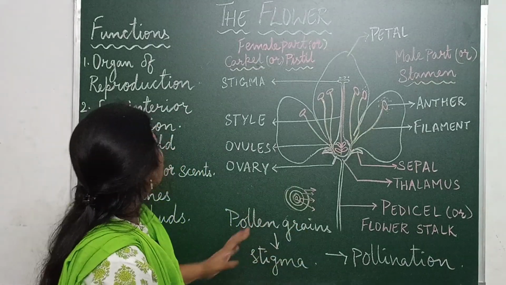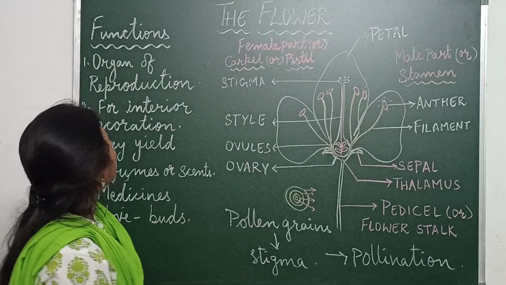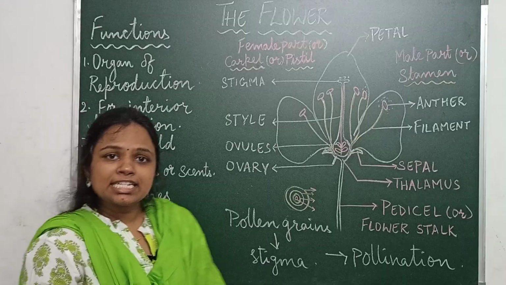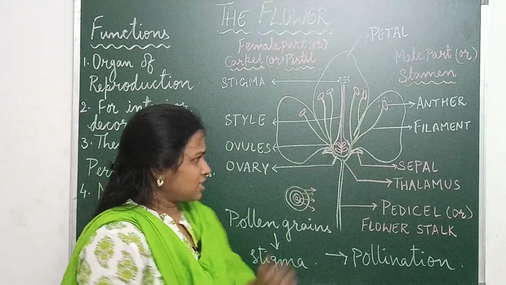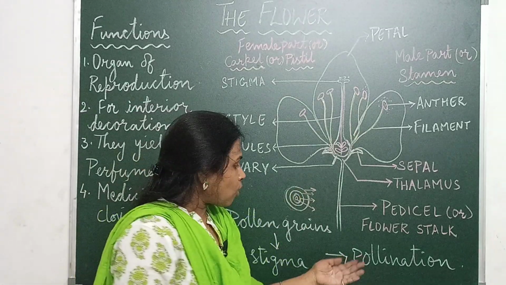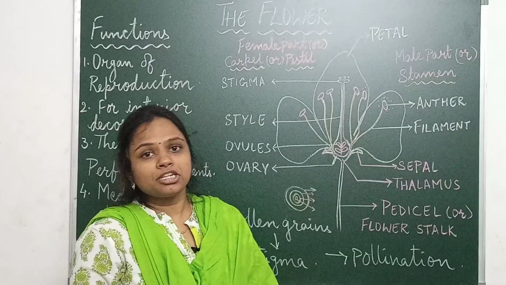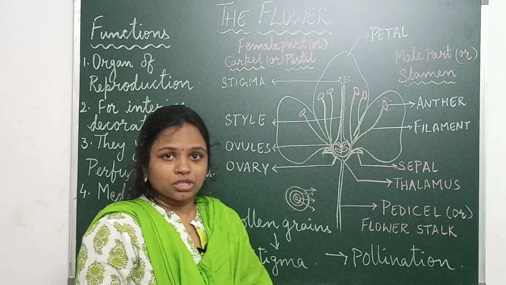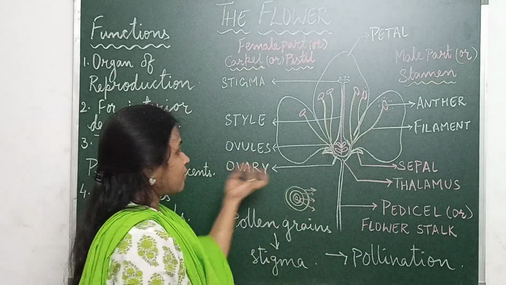Now coming to the functions of the flower. Mainly the flower is considered the reproductive organ. Just now we were discussing pollination. Later on fertilization takes place and there is a development of fruit. Inside the fruit you have the seeds.